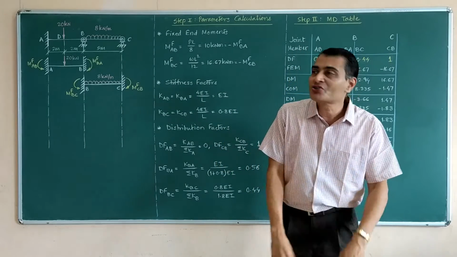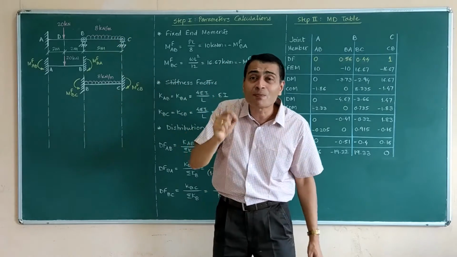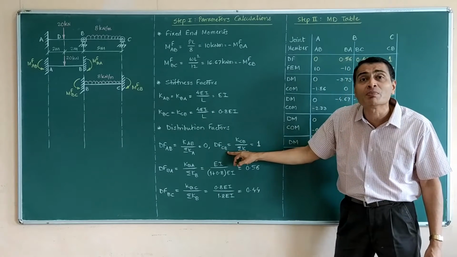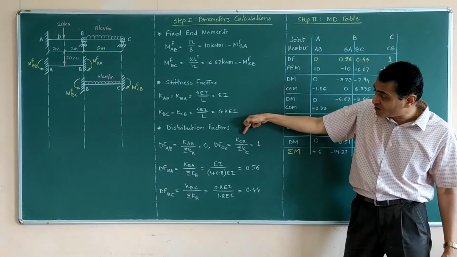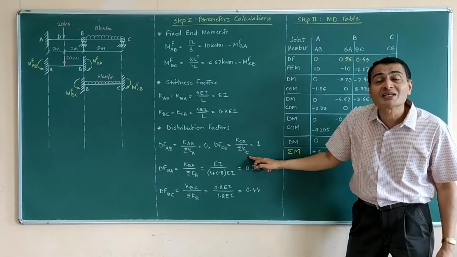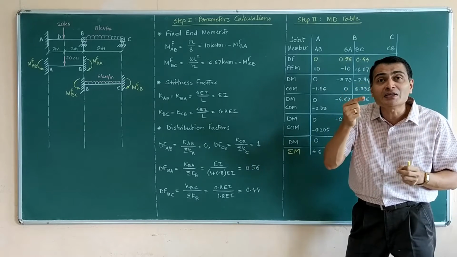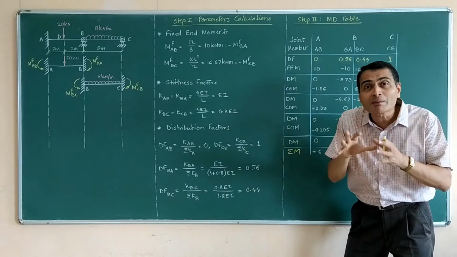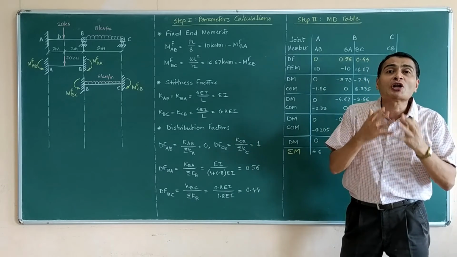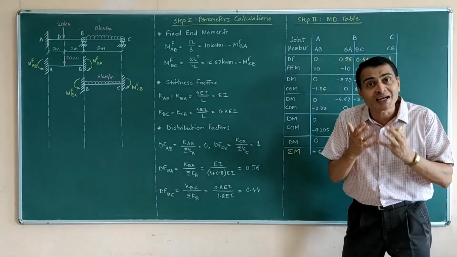In other words, when I think of sigma stiffnesses at point C, and that is what we are getting here, distribution factor for member CB, I have written as stiffness of member CB divided by sigma stiffness at point C. Try to understand, because of that pin, the supporting base stiffness is meaningless. It is not going to contribute to the moment resistance of that joint at all.